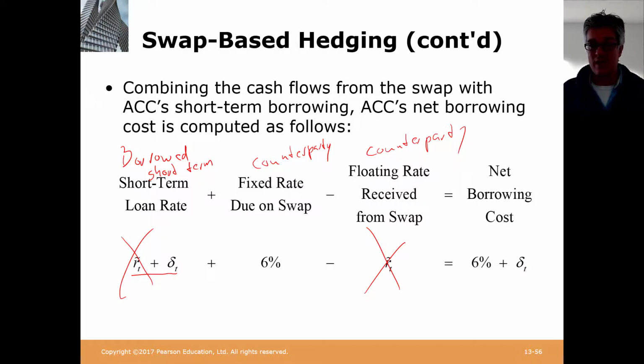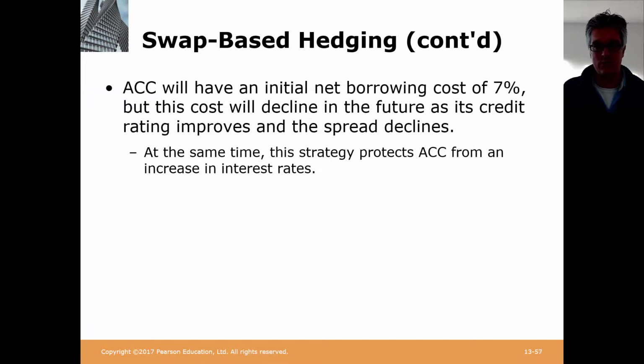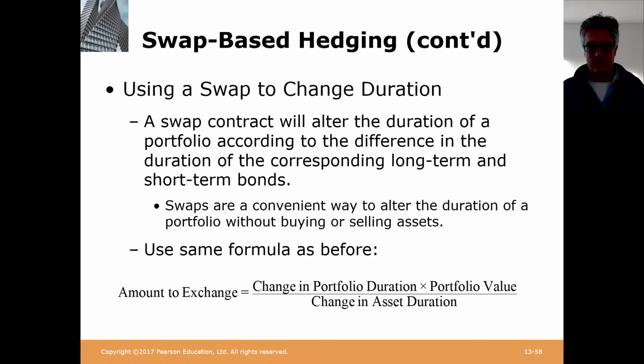So essentially I'm isolating the risk from the interest rate in the economy as a whole, which I'm not bearing, because for that I'm using this fixed rate contract for which I've engaged in a swap. And I've also isolated this change in credit quality, for which I do want to bear the risk, because I think it will go down over time. So this is a nice way to isolate those two effects.